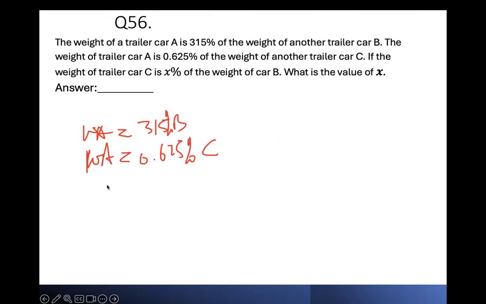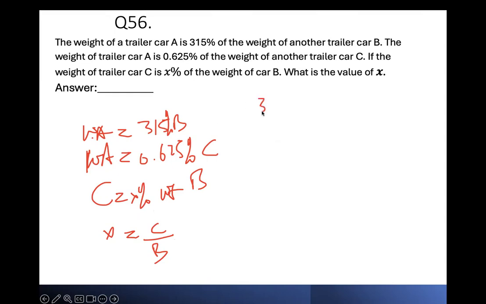If the weight of C is X percent of the weight of B, then I can just equate things together. What is X? I know X percent has to be C over B. Can I change this into C over B where A and A are the same?